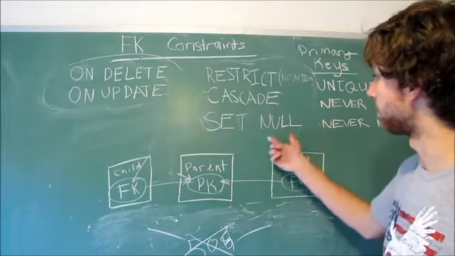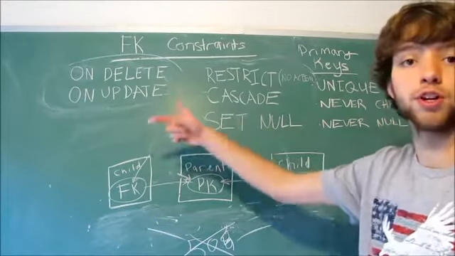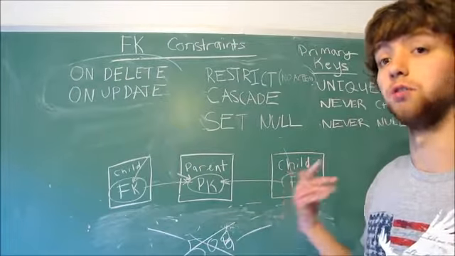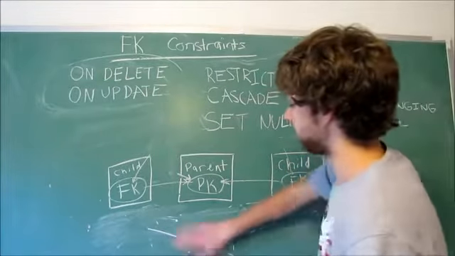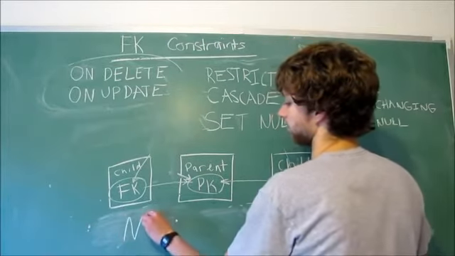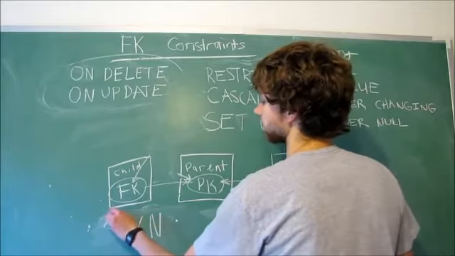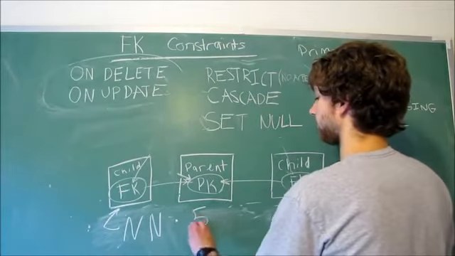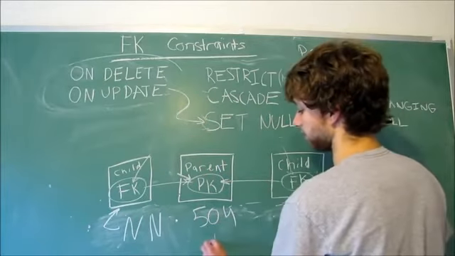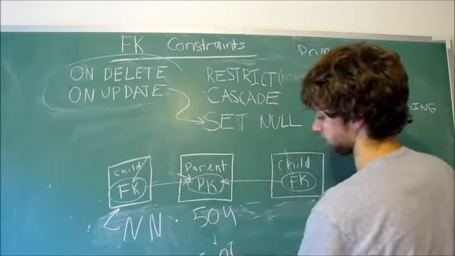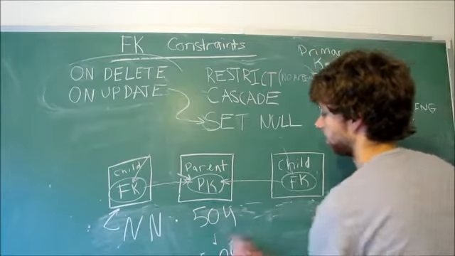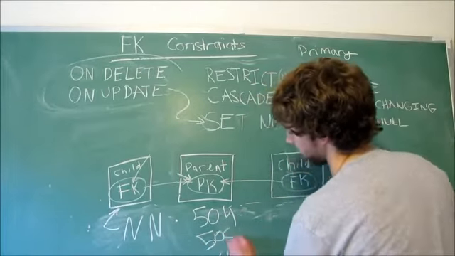Alright, now there's one important thing with set null. The children can't have the not null characteristic. We talked about that in previous videos. I'm just going to put NN for short. If this is not null, and we have on update set null, and we set 504 to 508, I think you can see that one.